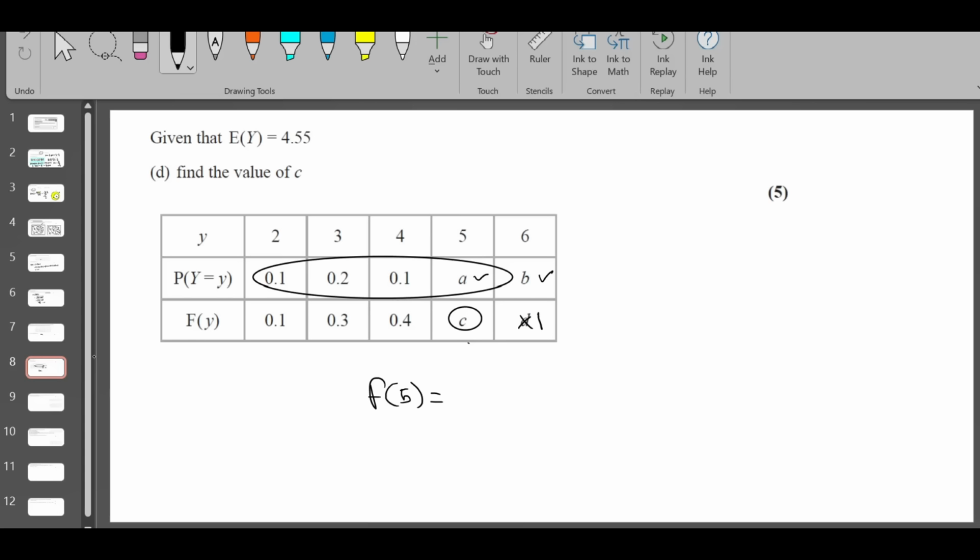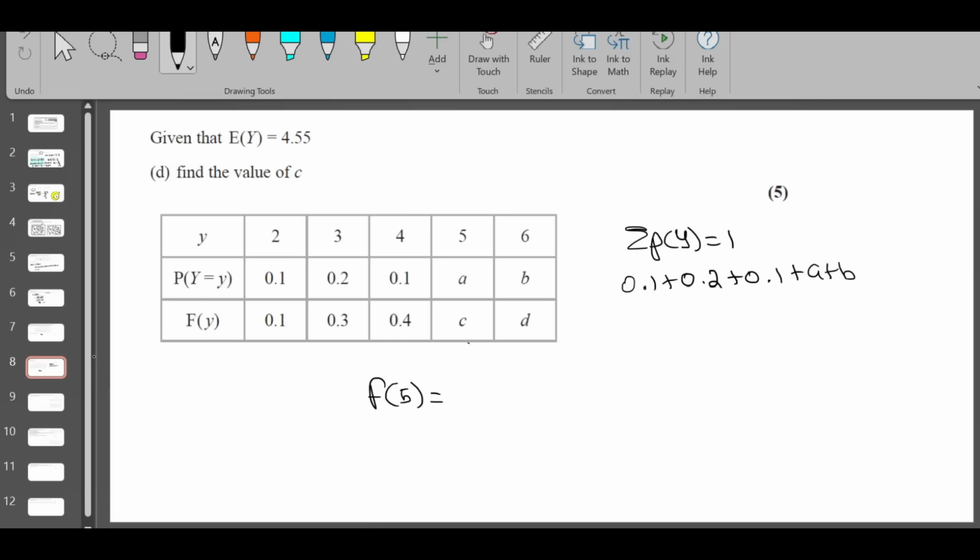You add all the probabilities, that would be C. So basically we need to find the value of A. We know sigma P of Y is 1. So you add everything, 0.1 plus 0.2 plus 0.1 plus A plus B is 1. So A plus B is 1 minus 0.4, 0.6.